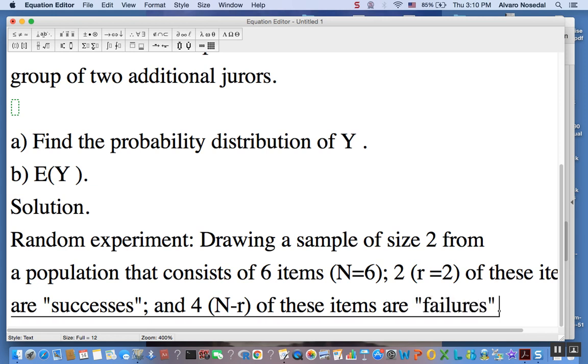And just like when we talked about the binomial distribution, these labels of success and failure are relative to what you are interested in. Okay?